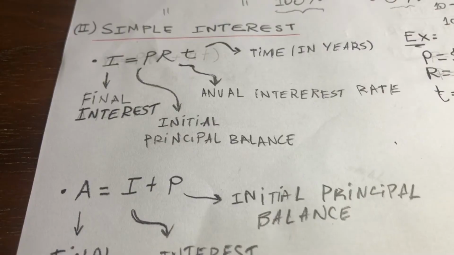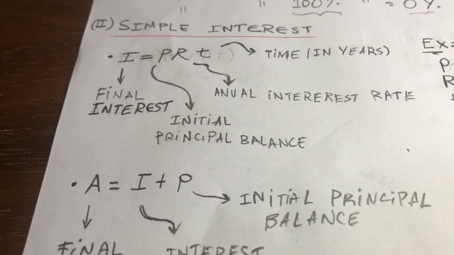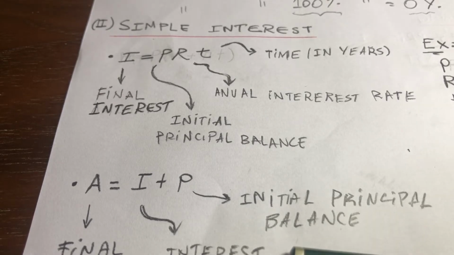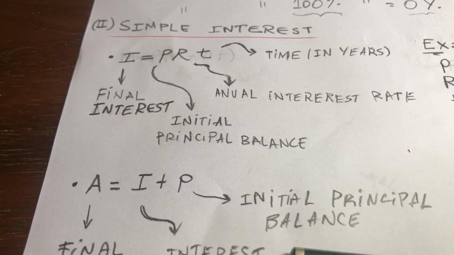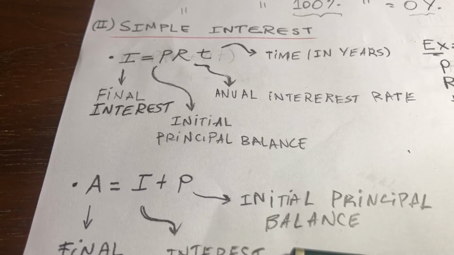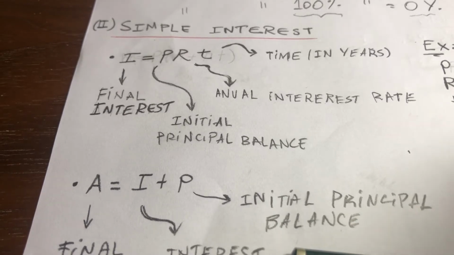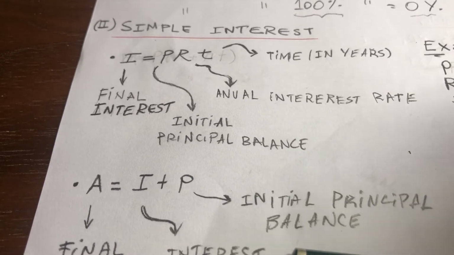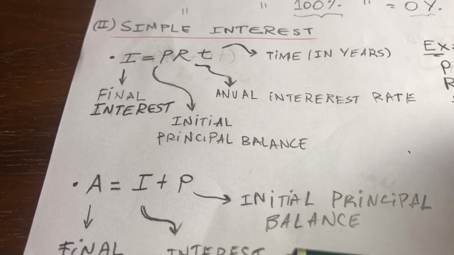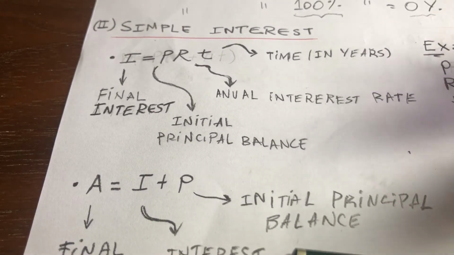Now let's talk about simple interest. Well, what does interest mean? This might have happened to you. You're going to the bank with some relative, and when someone loans money, the bank charges a rate, an annual rate, for the amount of money you are taking.